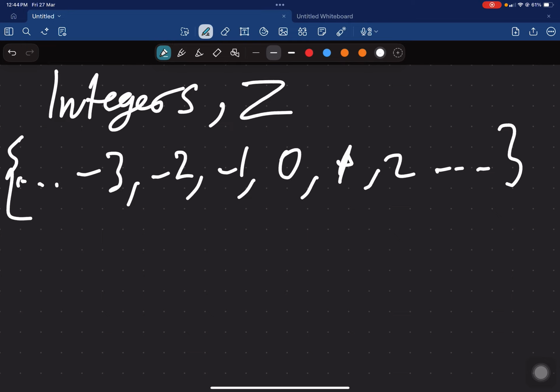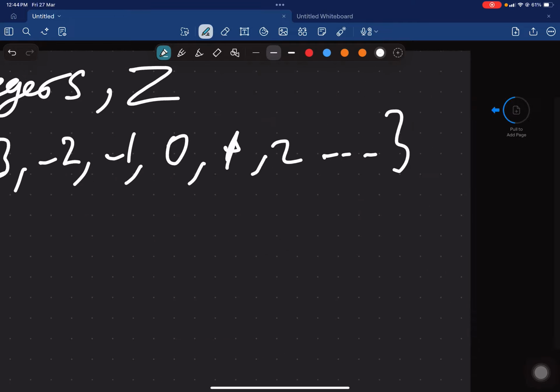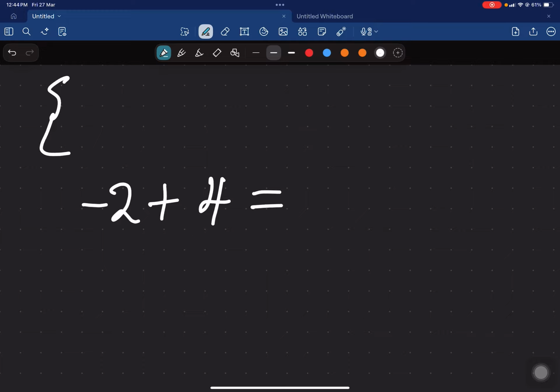Okay, now let's look at some of the properties of the set of integers with addition and multiplication. The first one we are going to talk about is the closure property of addition. Now, in addition, you can bear with me that anytime you take any two integers, for example -2 plus 4, this is going to give us 2. 2 is also an integer, on the positive side.